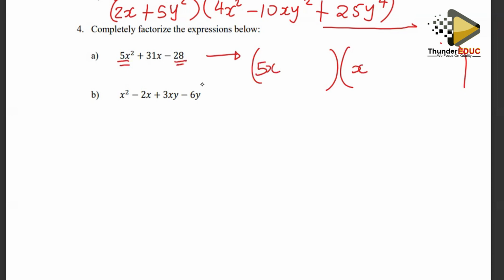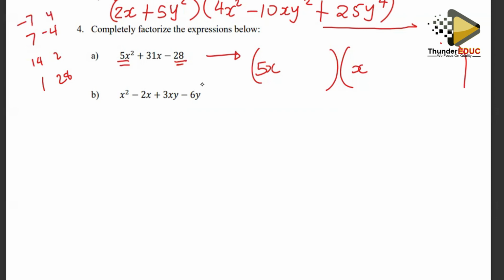For me to get 28, I can use 7 and 4, 14 and 2, or 1 and 28. But I want the one that is going to give me closest to that. It's a negative, so one of them must be negative: a negative 4 or negative 7 and a 4.